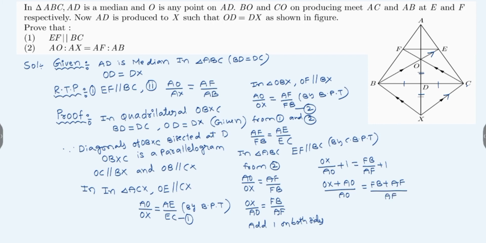Now observe OX plus AO is nothing but AX and FB plus AF is nothing but AB. So finally we got AX by AO is equal to AB by AF. Now again we take invertendo, then we get AO by AX is equal to AF by AB. So finally we got the second one also. So hence the problem is solved.